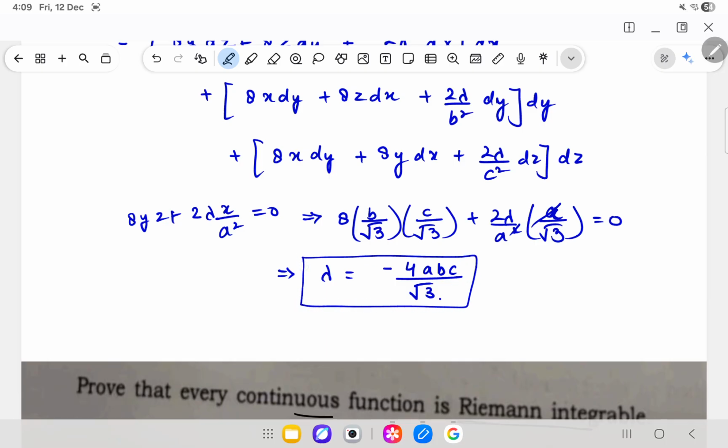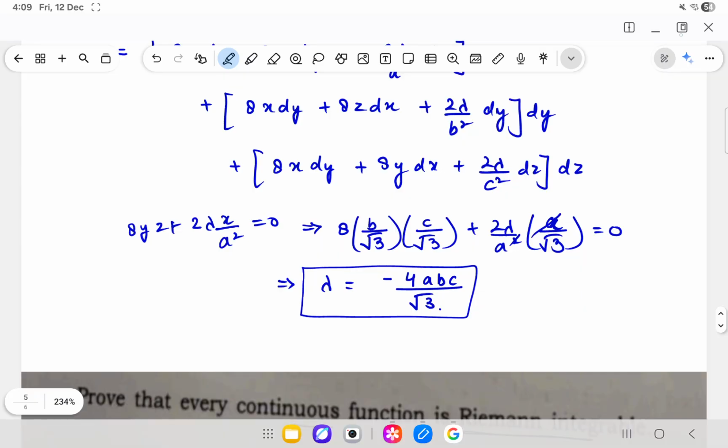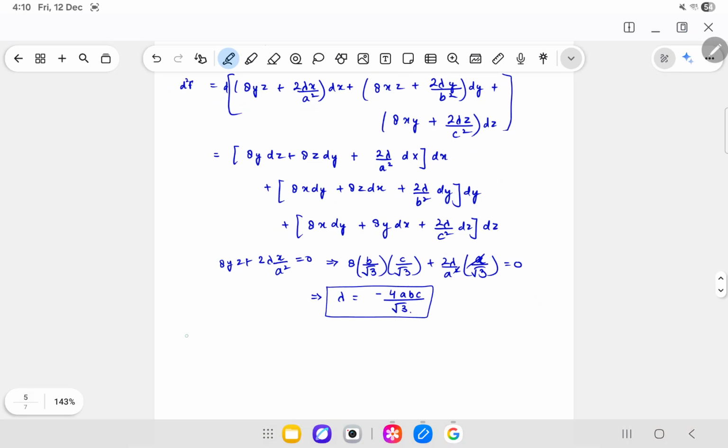Now I need to check the sign of d square f. My d square f was equal to summation 8y dz plus 8z dy plus 2 lambda by a square dx.